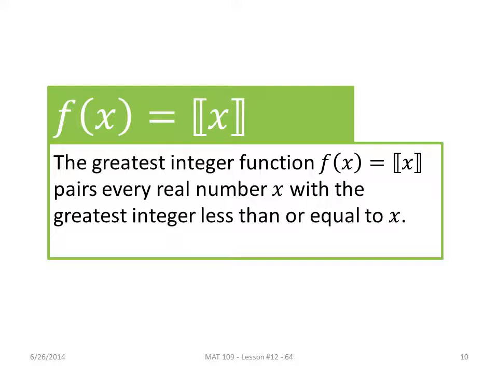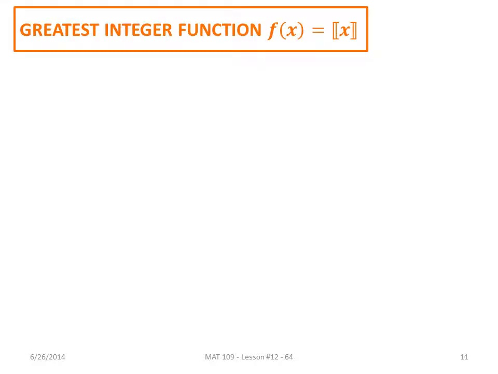They mean that whatever is inside, I'm going to calculate the value of it and then take the largest integer that's equal to or less than that. If what's inside equals an integer, I'm going to take that value. If it equals a mixed number, I'm going to take the whole number part of that. So it's the greatest integer less than or equal to the value x.